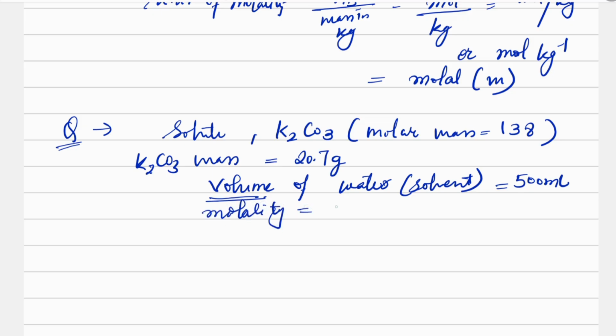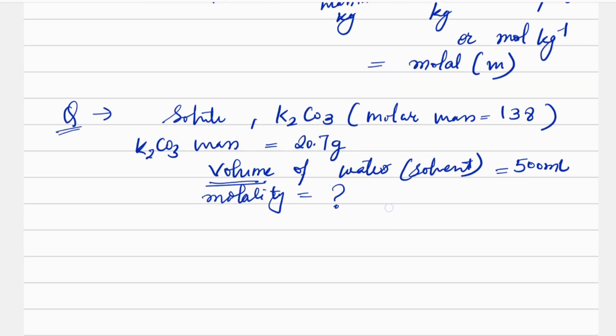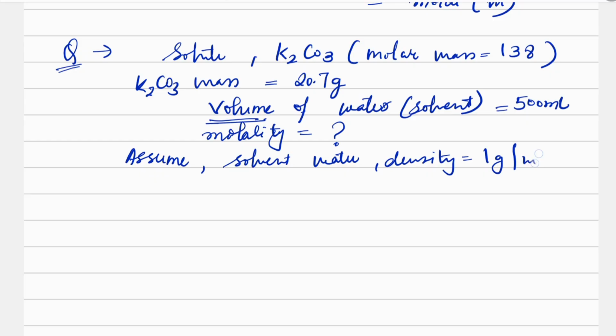Okay. So you have to calculate the molality. Now, you know that in the formula of molality, there is no volume. You need mass. So once again, we will assume that this solvent water has a density of 1 gram per milliliter.